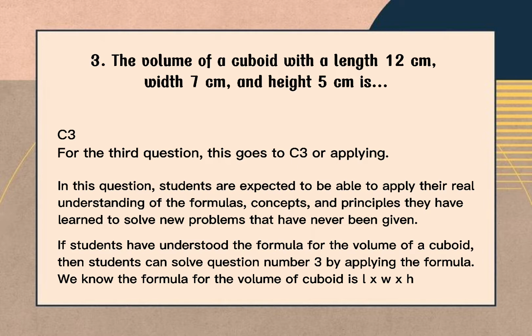If students have understood the formula for the volume of a cuboid, then they can solve question number 3 by applying the formula. We know the formula for the volume of a cuboid is length times width times height.